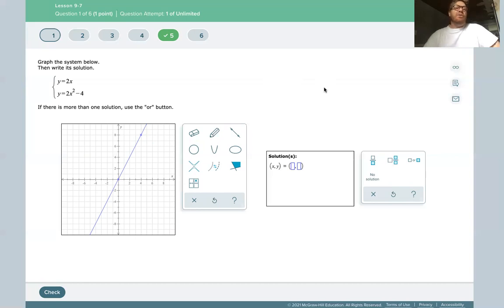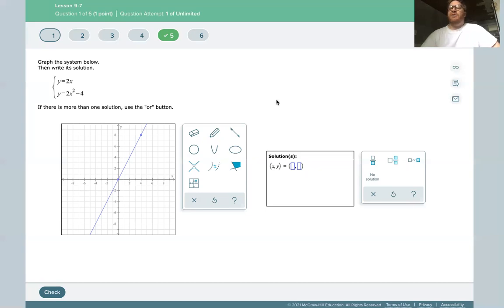So if I'm looking at 2x squared minus 4, I always think it makes the most sense to find your axis of symmetry first, because then you can find one point for sure, and that's your vertex. And all the other points you find, so 2 other points, you can just mirror on the other side of it. It's the easiest way to do it. It's the least amount of work.